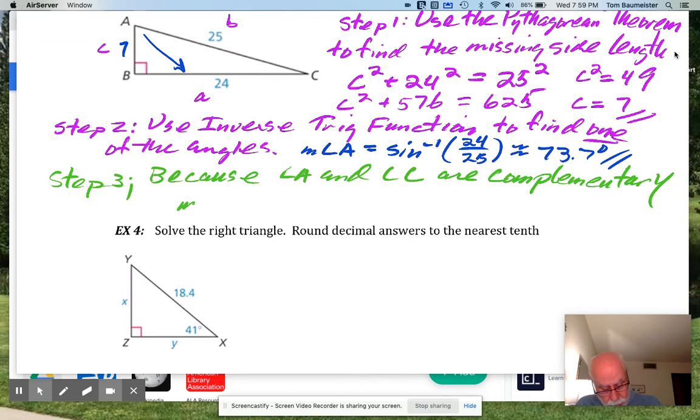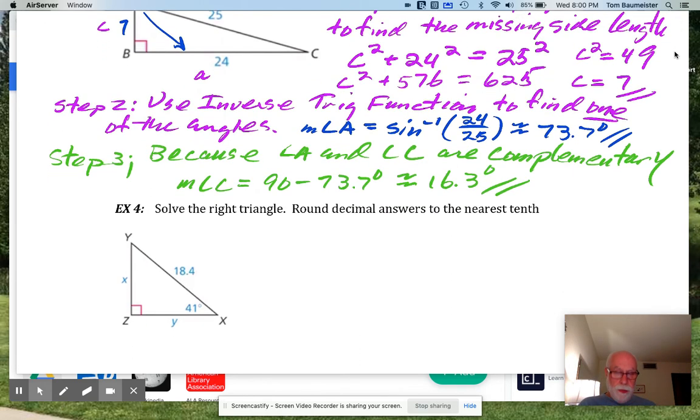So then we can say that the measure of angle C is equal to 90 degrees minus the measure of angle A, which in this case was 73.7 degrees. And if we work that out, we'll get approximately 16.3 degrees.